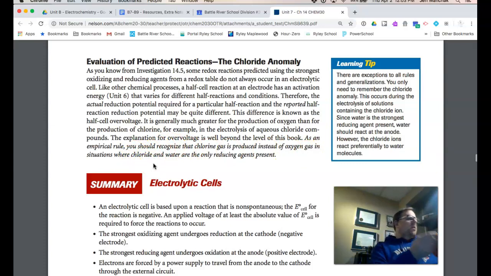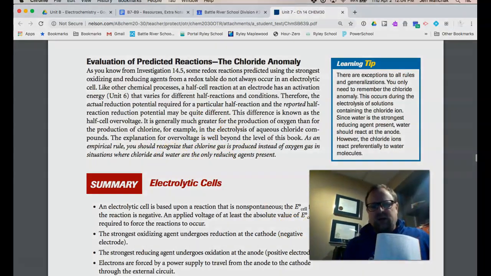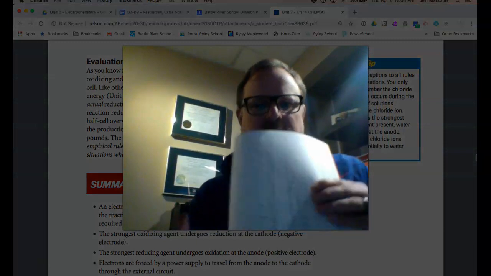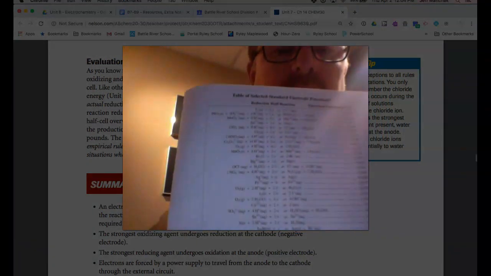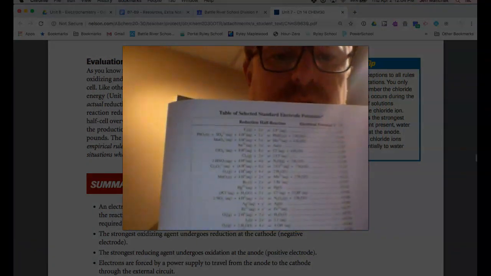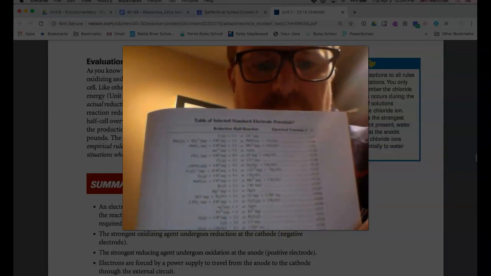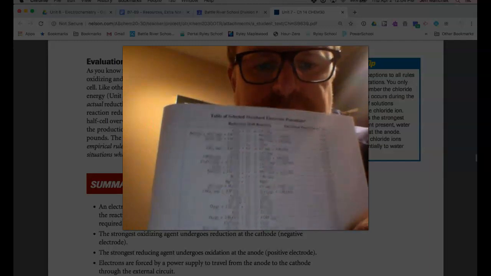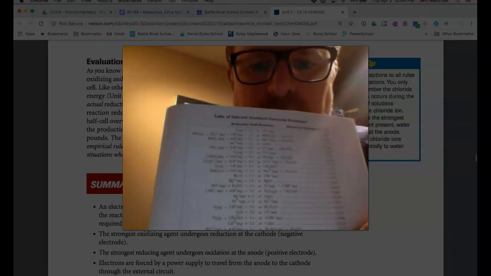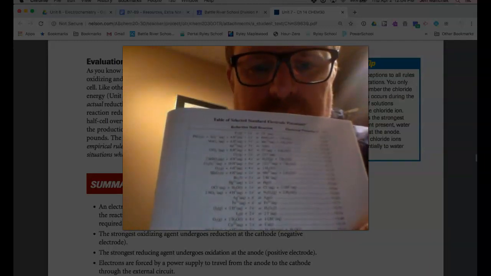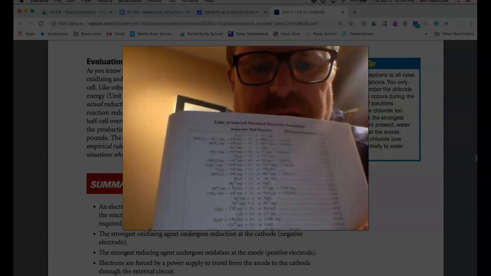So I'm going to take out my data booklet and hold this up to the screen. I'll make this big and show you what I'm trying to talk about here. In our data booklets, you will notice that we have chloride ions here and we've got water here as our two reducing agents.